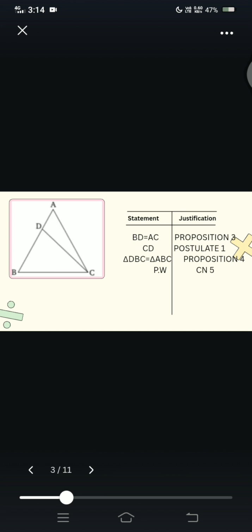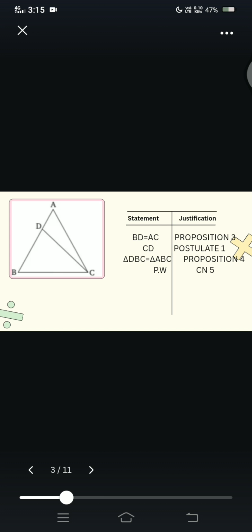So given our assumption that line AB is greater than AC, we cut off from line AB. That gives us our point D. According to Postulate 1, we can draw a straight line from any point to any point.